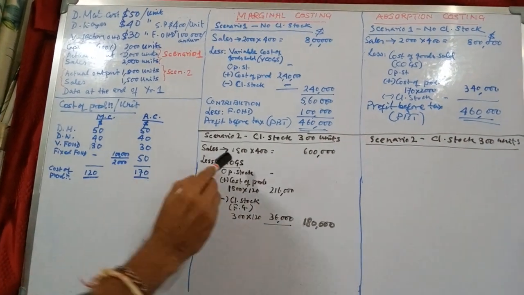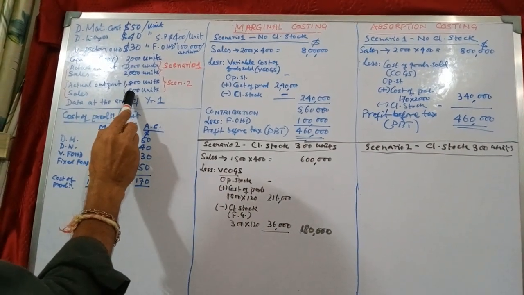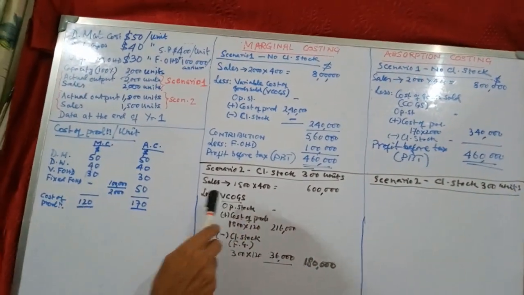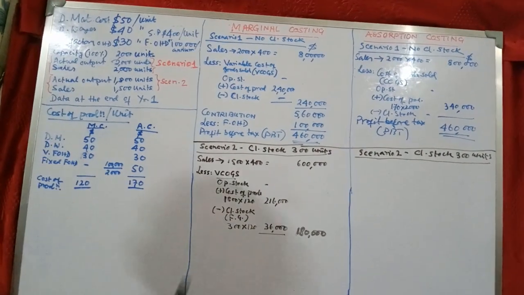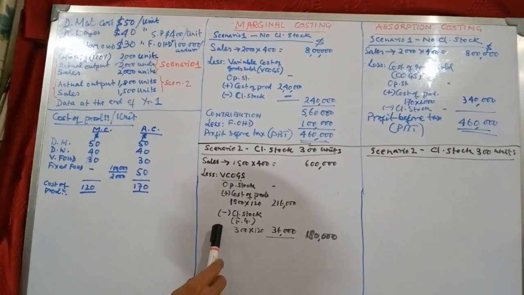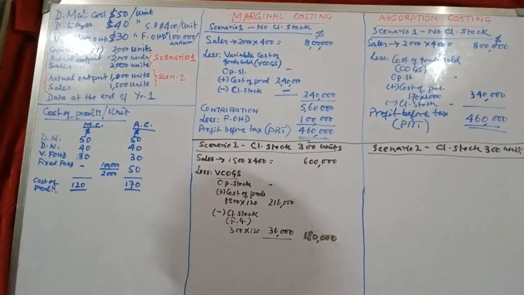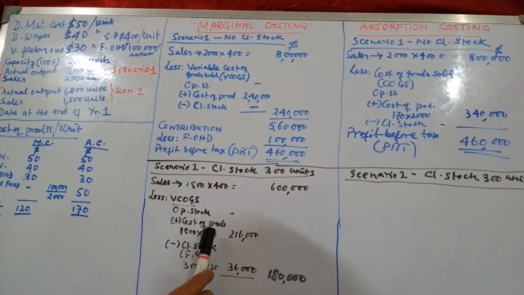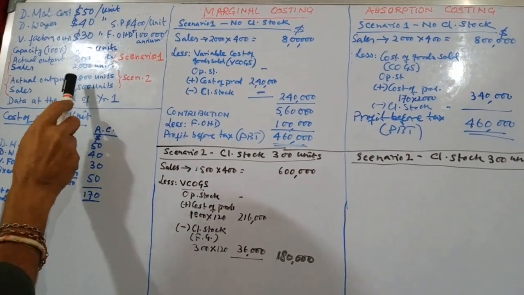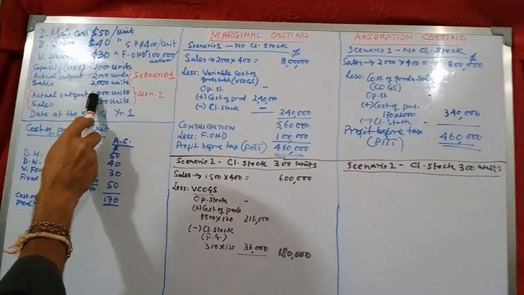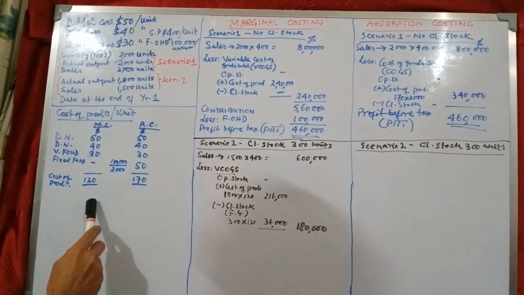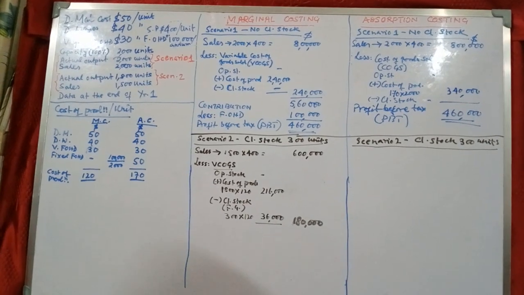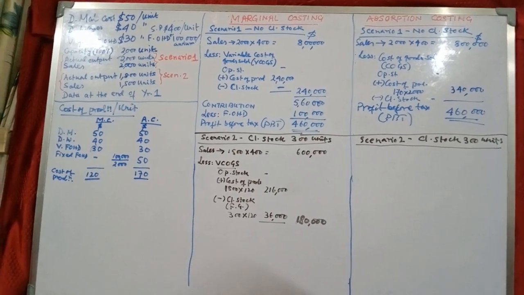Okay, sales is 1,500 into 400, that is 600,000, less variable cost of goods sold, that is opening stock plus cost of production minus closing stock of finished goods. So there is no opening stock. What is cost of production? 1,800 units produced into 120, we get 216,000, less closing stock.